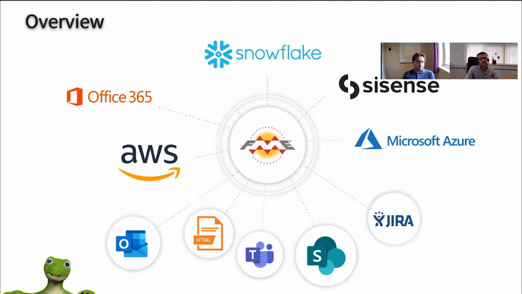Snowflake, which we're going to discuss later on, and Sisense, and how you can bring all that together to build a solution that may look quite complicated here, but we'll actually show you how simple it is in terms of how seamless all of these work together.